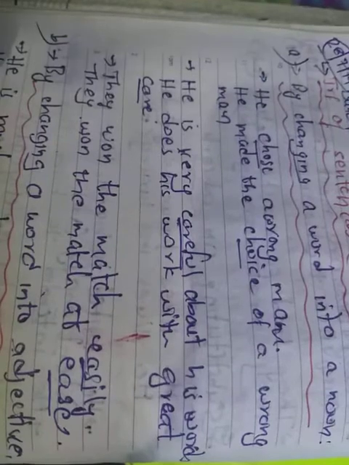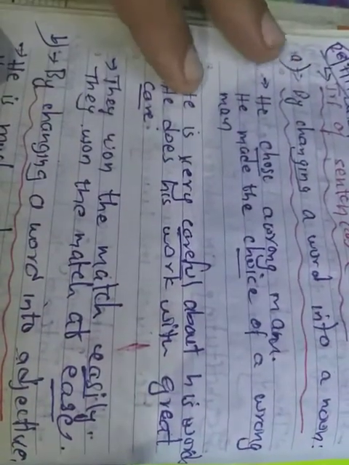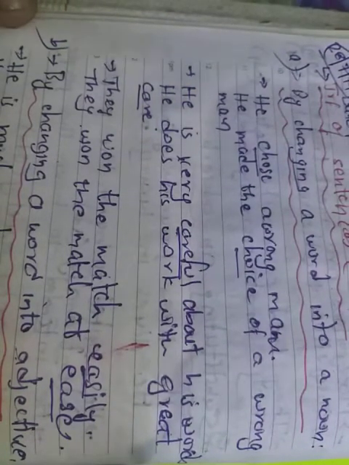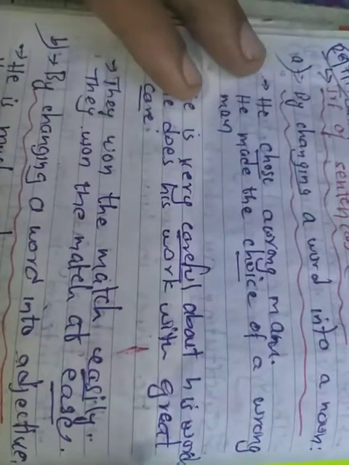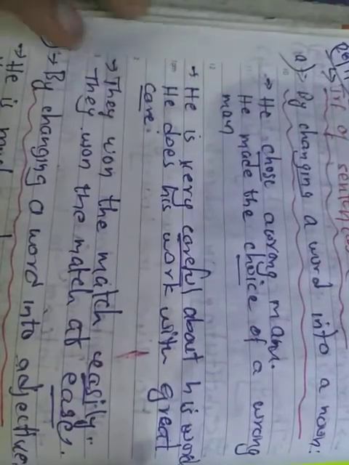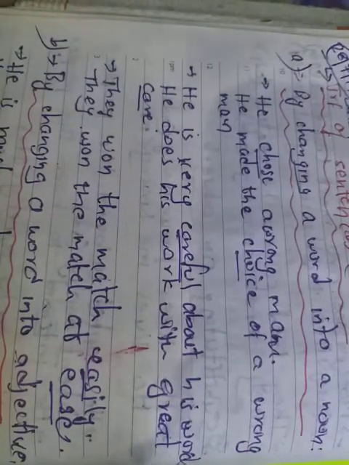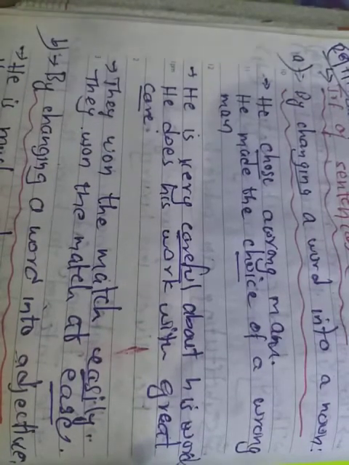Today we will start the topic transformation of sentences. The subtopic will be changing a word or any part of speech into another part of speech as it is given in the question.